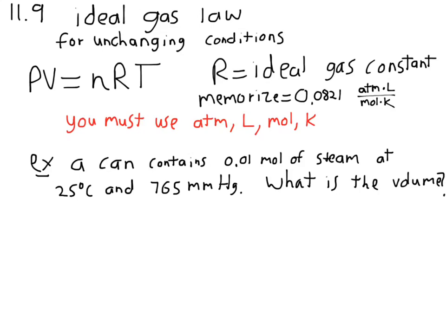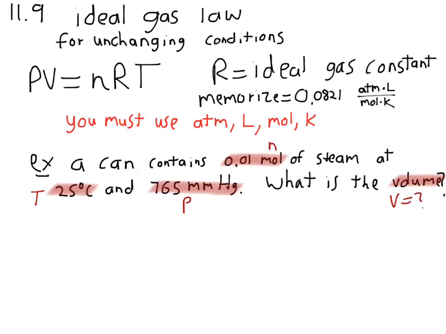Just one set of conditions. So we have our n, the moles, 0.01 moles. Our T, the temperature, 25 degrees Celsius, but we will need to use that in Kelvin. Our 765 millimeters of mercury is our pressure, but we'll need to use that in atmospheres. And we're trying to solve for our volume.